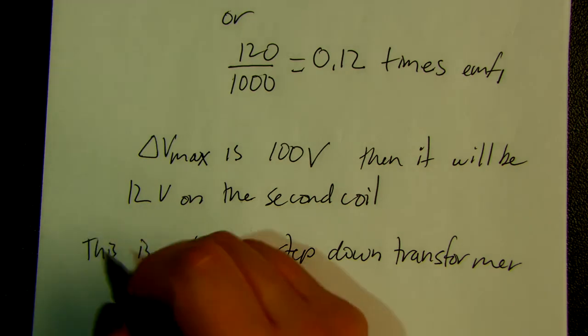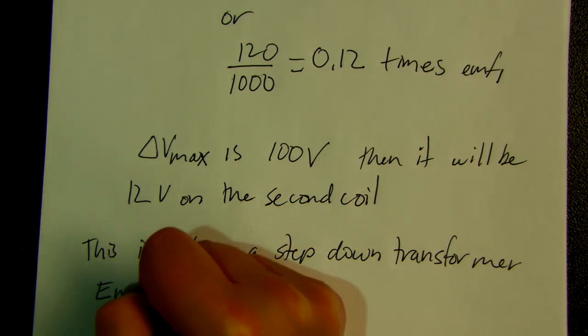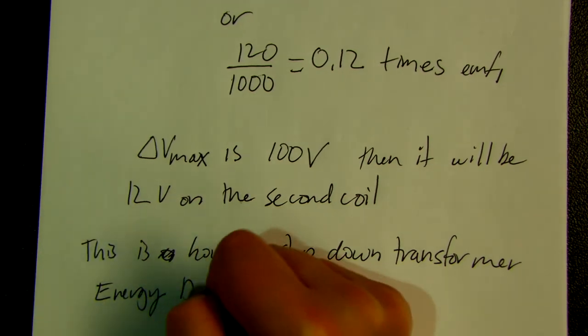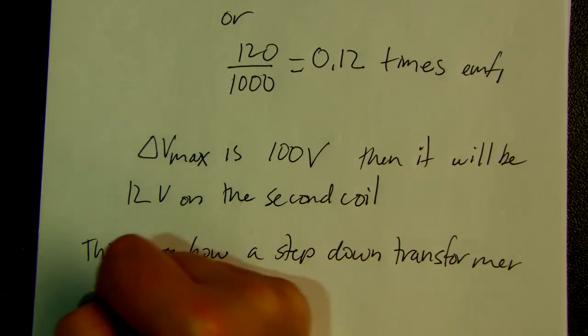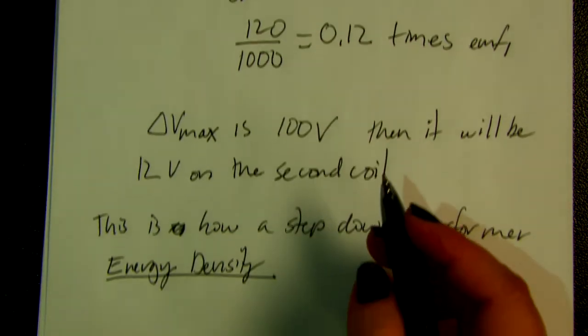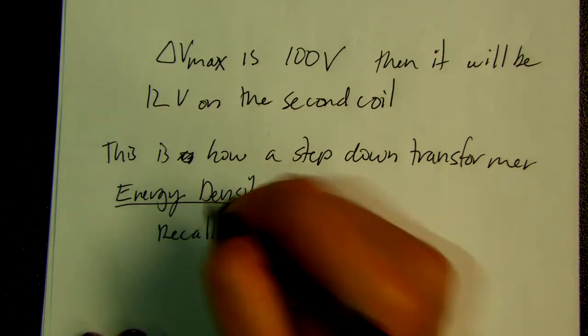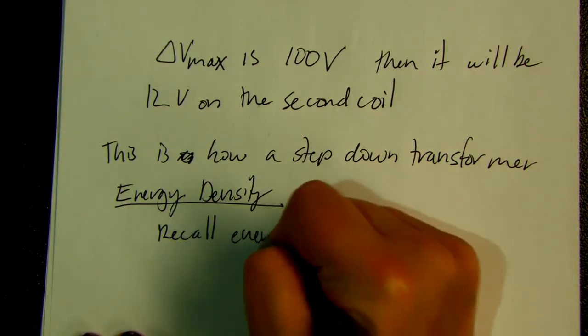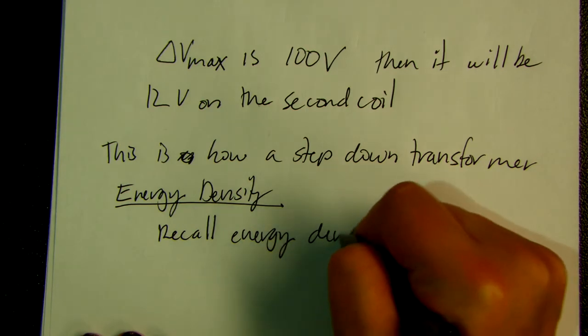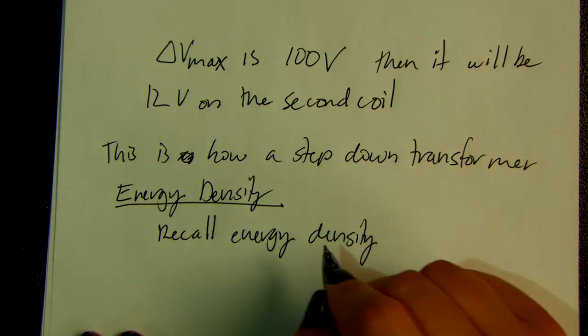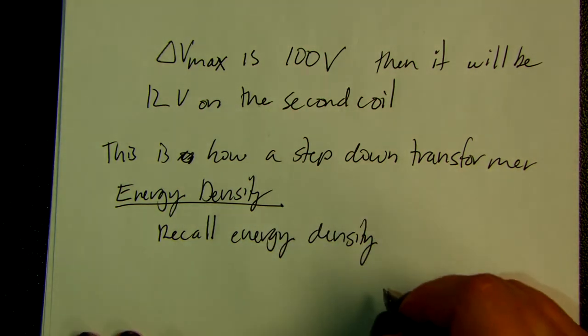Awesome. Okay, so energy density. If you recall, we've talked about energy density a few times, and I was asked if it would come up again, and yes, it comes up all the time.